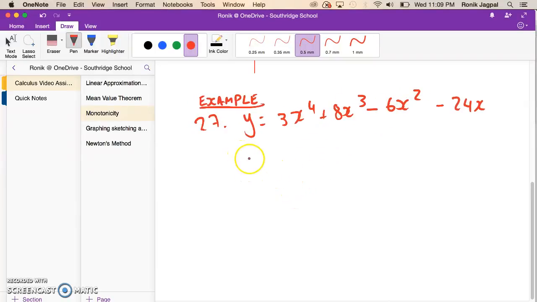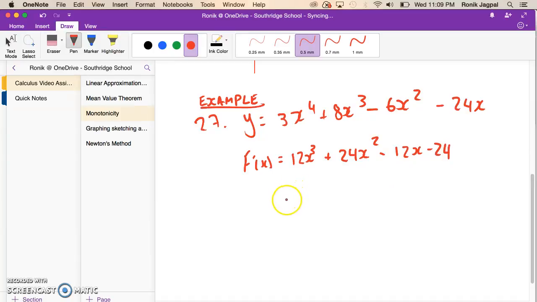The first thing you would do is find the derivative of this. So we find our derivative function, which is going to be equal to 12x cubed plus 24x squared minus 12x minus 24.